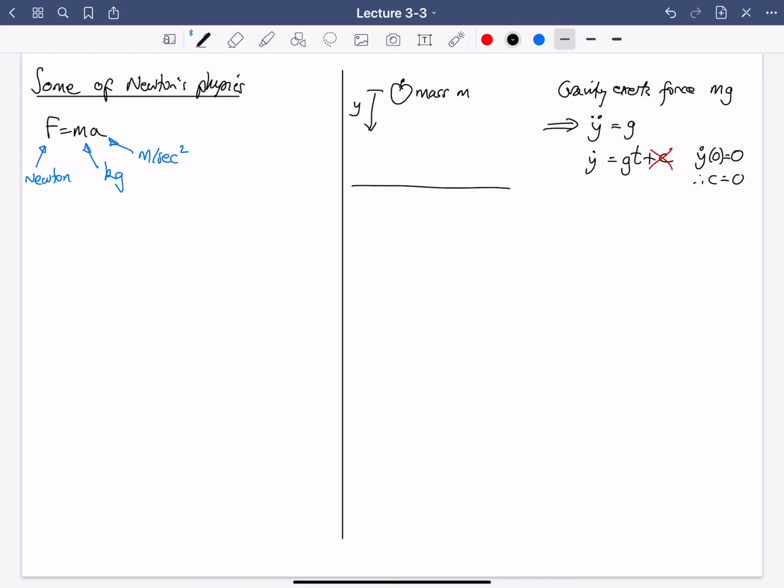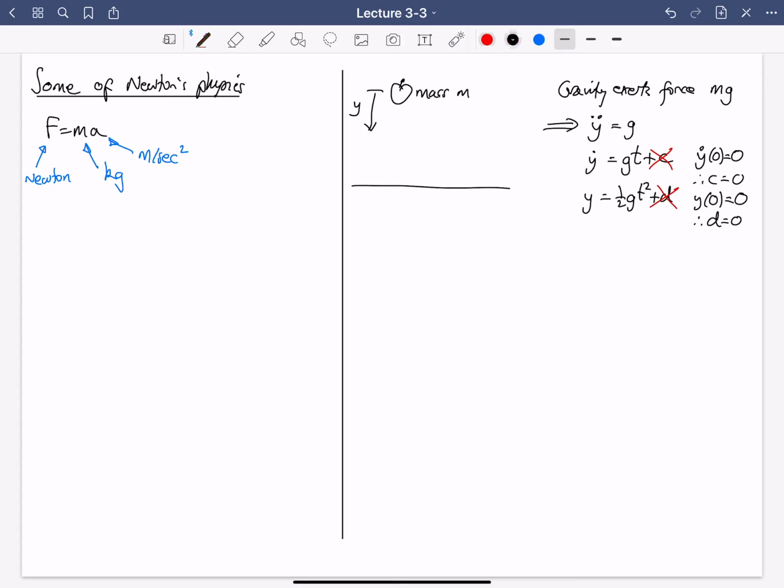And then we integrated one more time to get that y is a half gt squared plus another constant, but because y of 0 is 0, the other constant d is 0 too, so we can just ignore that. And so there's our distance y, distance fallen in time t, is a half gt squared.